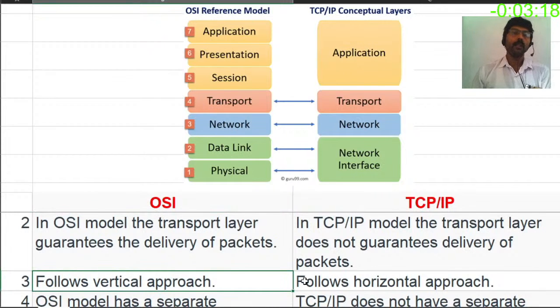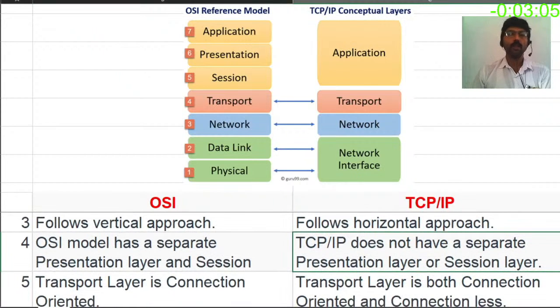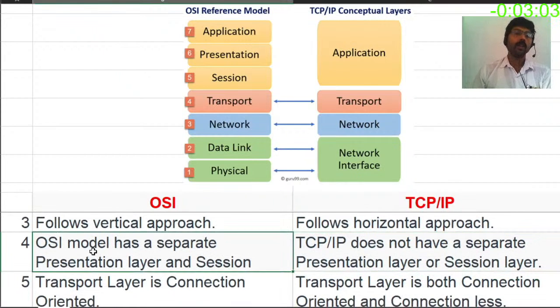The OSI model follows a vertical approach, and the TCP/IP model follows a horizontal approach. The OSI model has a separate presentation layer and session layer, but TCP/IP does not have a presentation layer or a session layer.